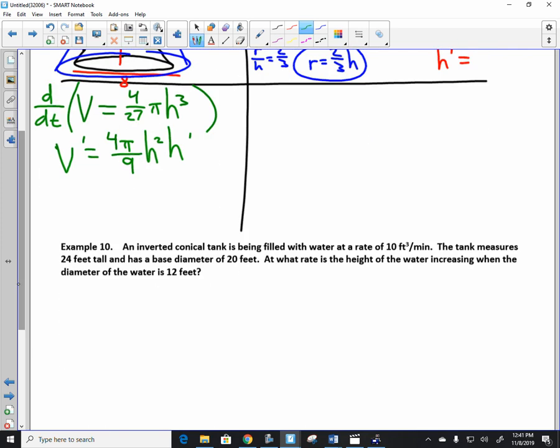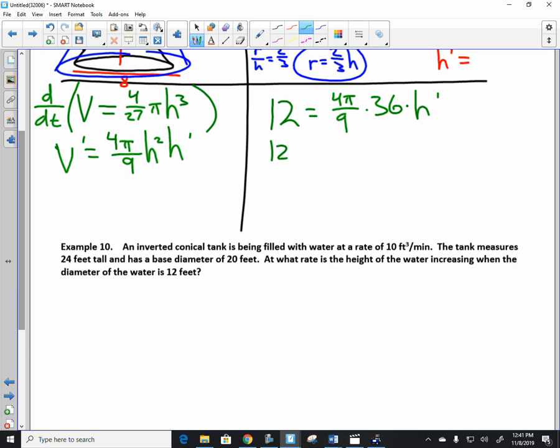So, let's solve. What is V prime? 12 equals 4 pi over 9. What is the current height? 6. So times 36 times h prime.